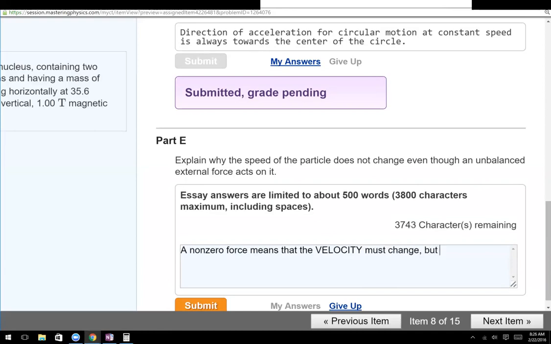But in this case, it is only the direction of velocity, not the magnitude, that is speed.